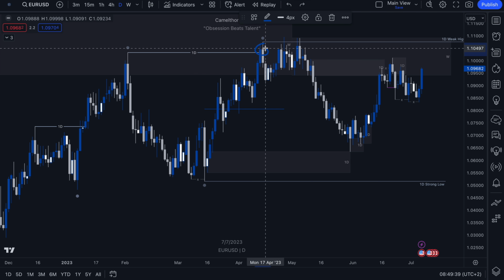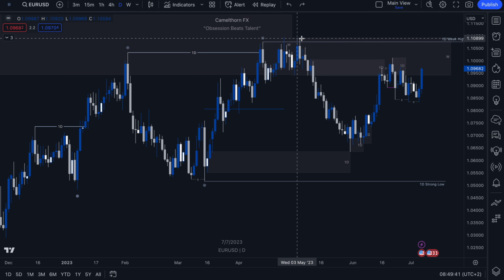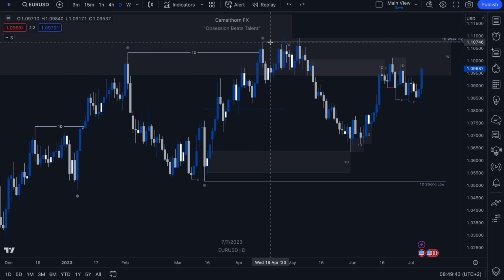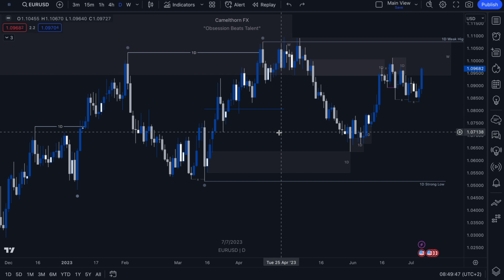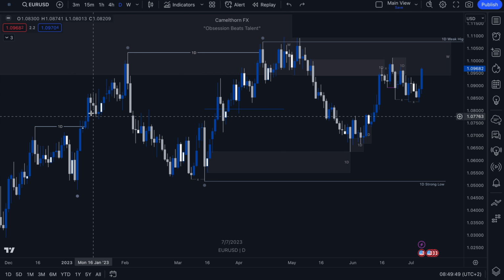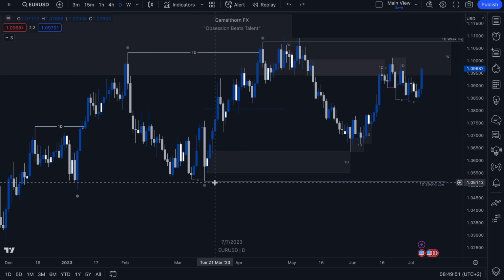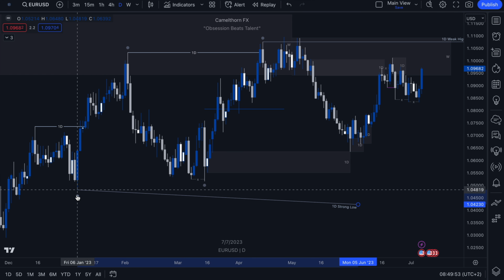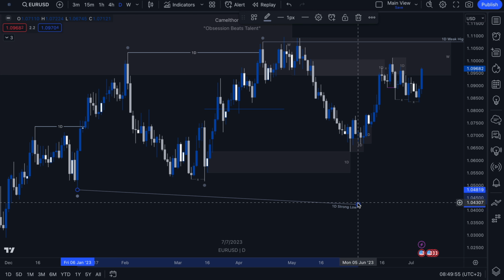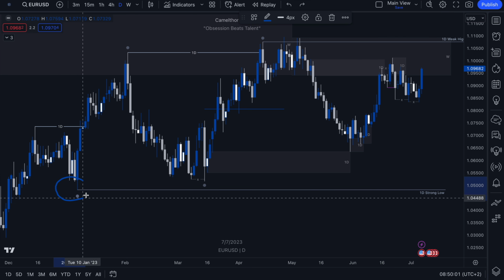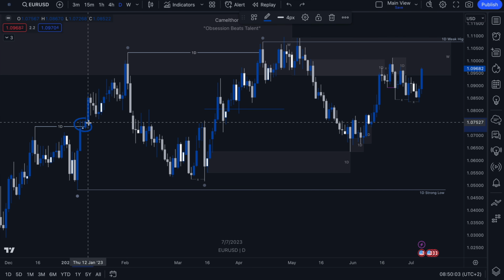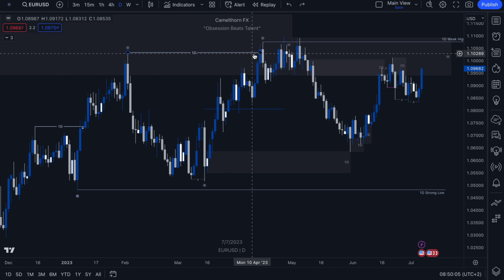Now, there definitely is nothing wrong with marking out your break of structure like this, because what you'll notice is off that break, we get a new high and price action fails on 2 occasions to actually violate that high. But for me personally, what I like to do instead is focus on these breaks. So what the range would look like in this alternative scenario is this would be your strong low. This would be your most recent break of structure.